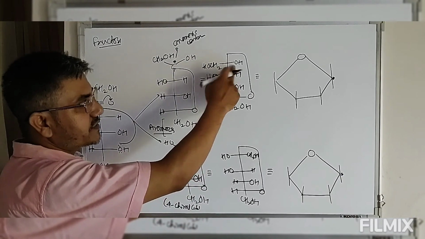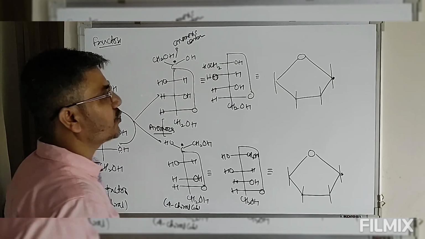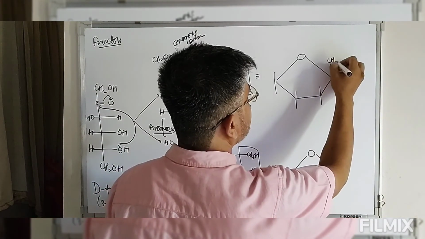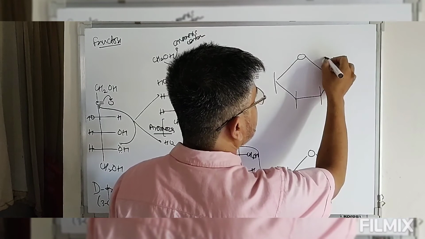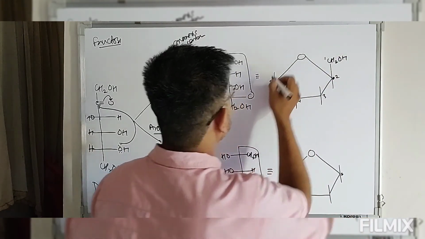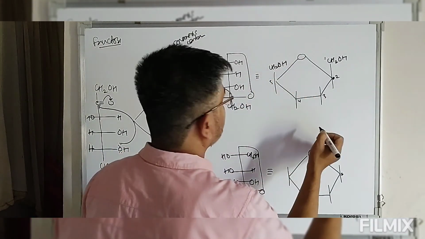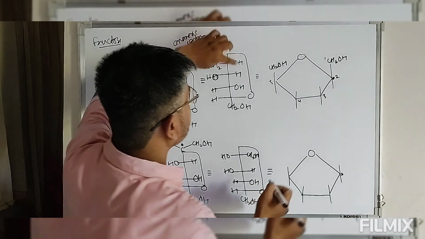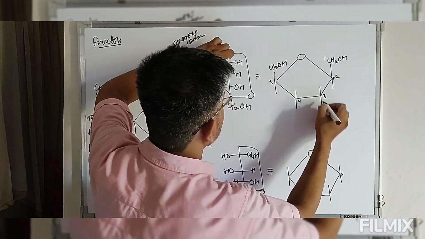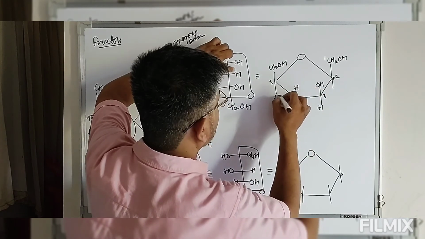Look at this, OH is on the right hand side, so we have to place this OH below the plane of the ring. This is carbon number 1, 2, 3, 4, 5, and the 6th carbon CH2OH, which is always placed above the plane of the ring. So OH below the plane of the ring. Then we have hydrogen, OH, OH, hydrogen, hydrogen.